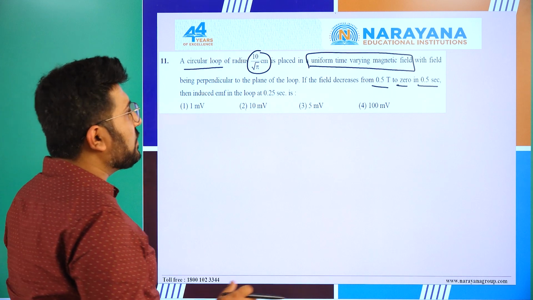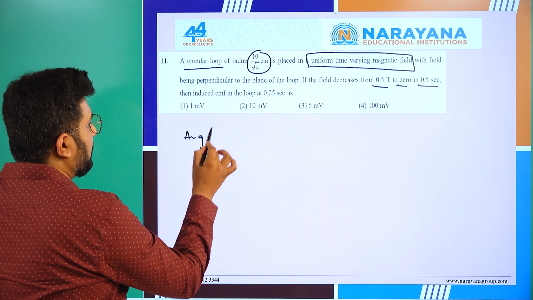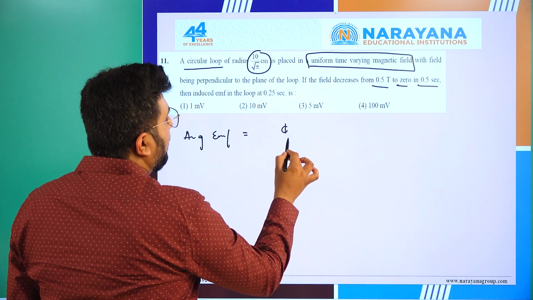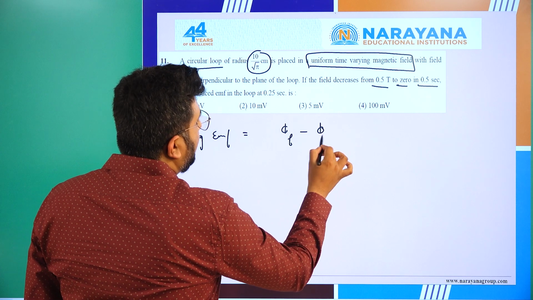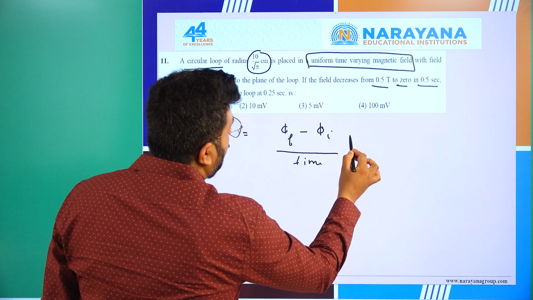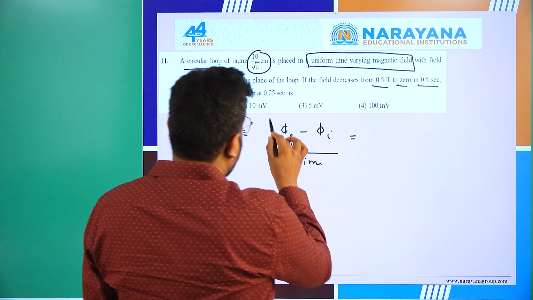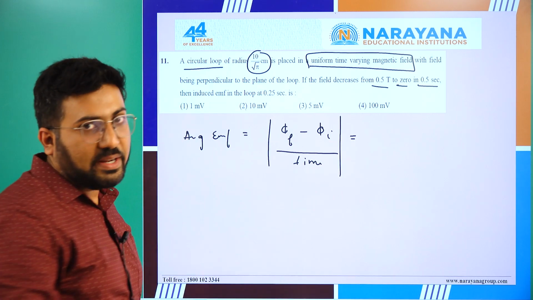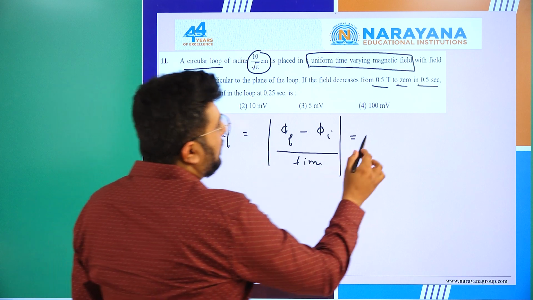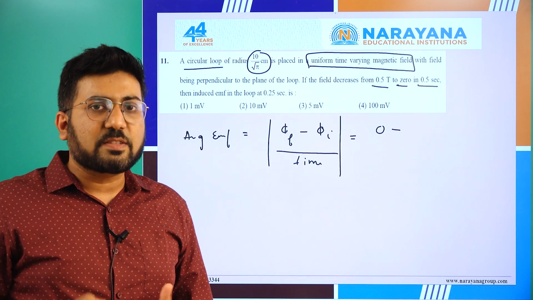You know that the average EMF induced is equal to flux final minus flux initial divided by the time. I'll just write the magnitude, I just need the magnitude. The final flux is 0, the initial flux is B into area.